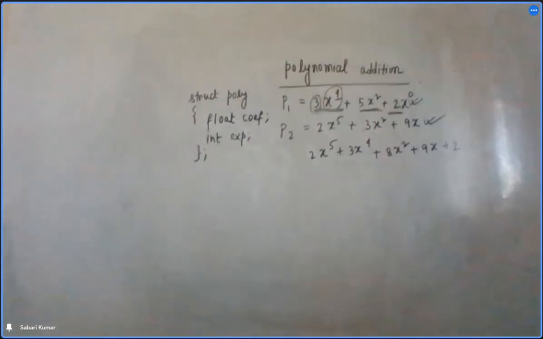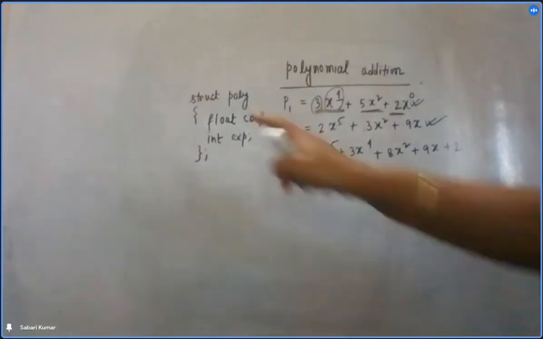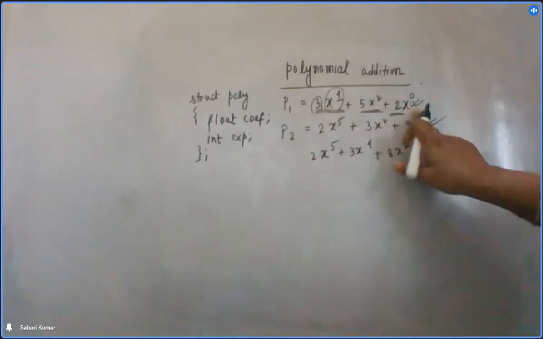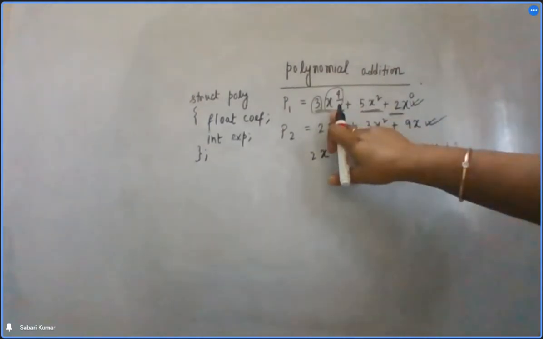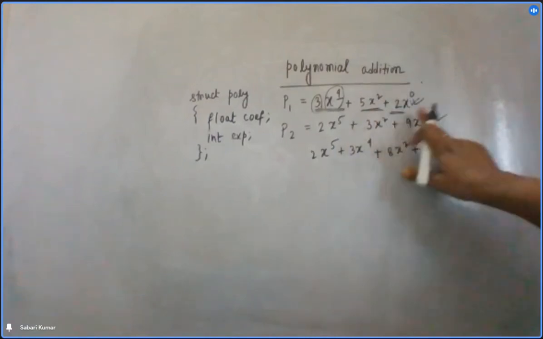Okay. Now, when we are going to signify this thing, then we need this structure type array. Until and unless you represent a structure type array, you cannot represent this thing. Why? Because this is one structure, this is one structure, this is one structure.